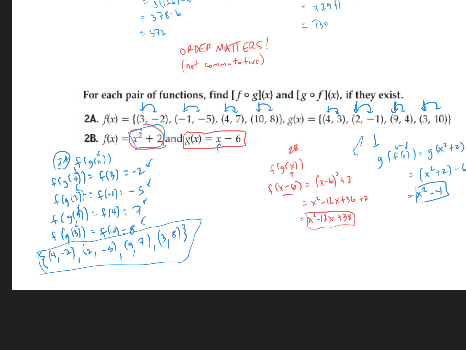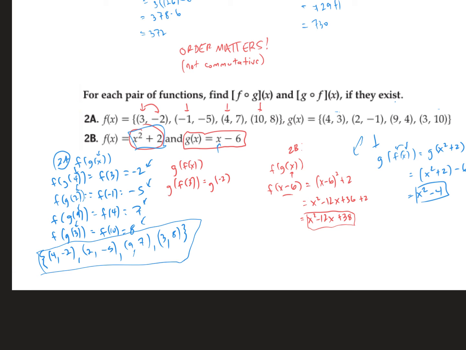Now if I try to do g of f, this time I would be starting with the numbers that are in f, right? So let me erase all these arrows that I drew up here. So I'm going to say, starting with the x values that are in f this time, because I work from the inside out, g of f of 3. So f of 3 goes to -2.